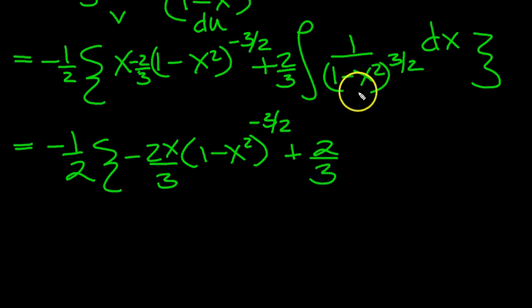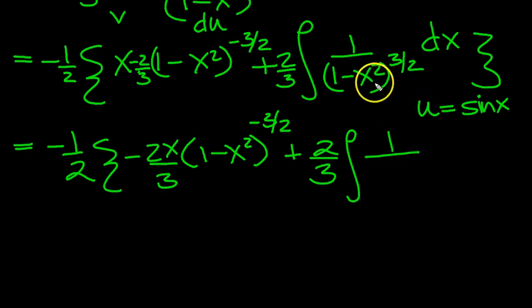Now this, if I did a sine substitution here, x equals sine u, 1 minus sine squared is cos squared, and that would be cos u, cos cubed, and then I might have a sine up above. So let's do that then.